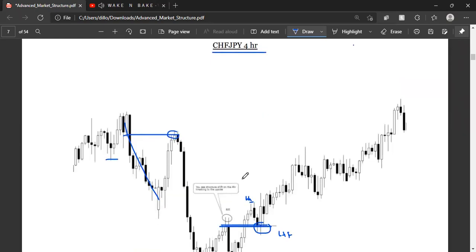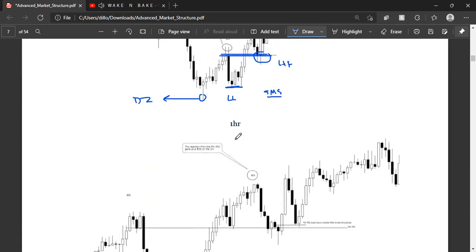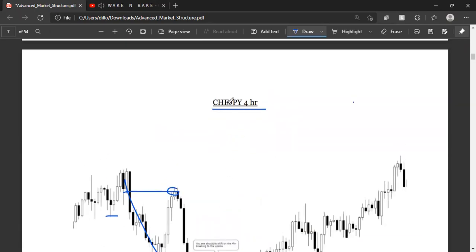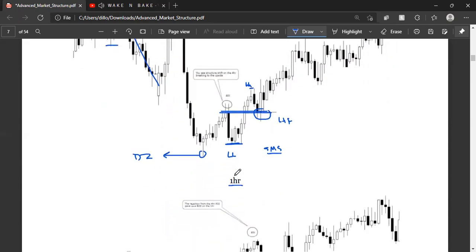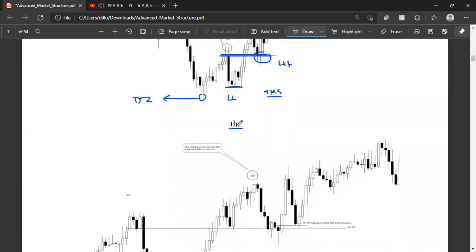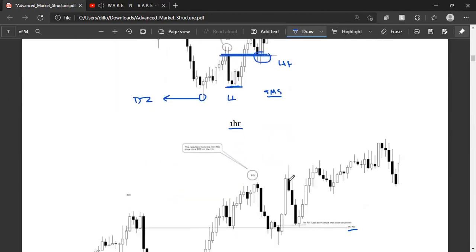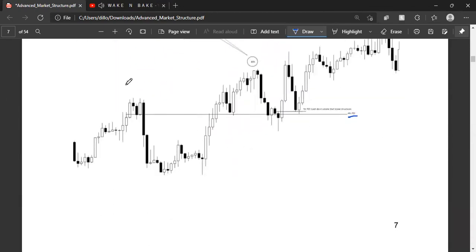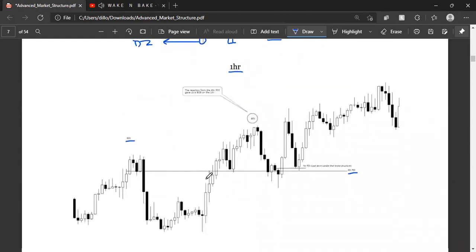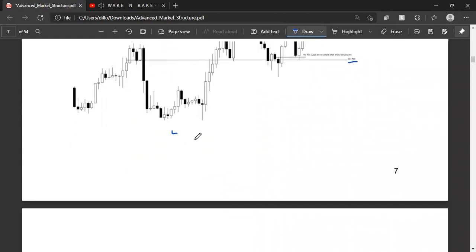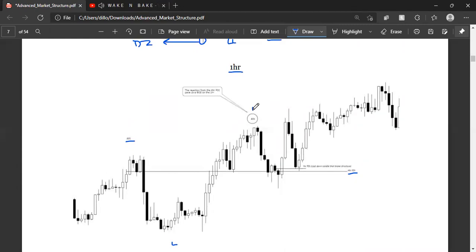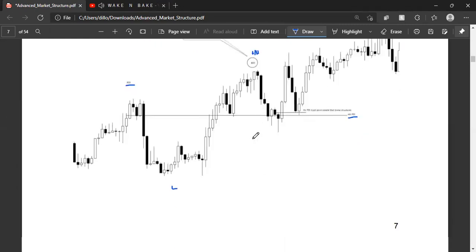Remember, we're on the 4-hour, and now we drop down to the 1-hour on CHF JPY still. On the 1-hour, we see that break of structure. This was that 4-hour point of interest, that 4-hour break of structure, and this was that low to the new higher high that we got.